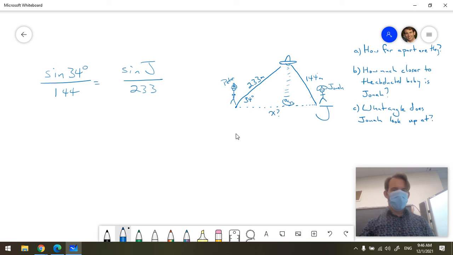Solve this. We're going to multiply both sides by 233 to cancel these. We have to multiply it over here, of course. And that gives us this expression is equal to sine J.